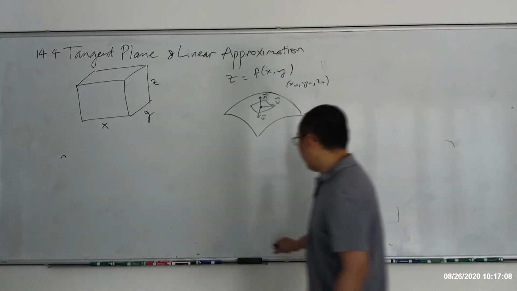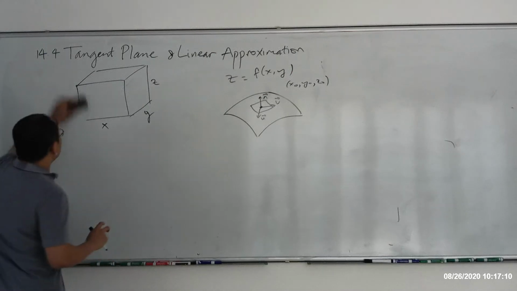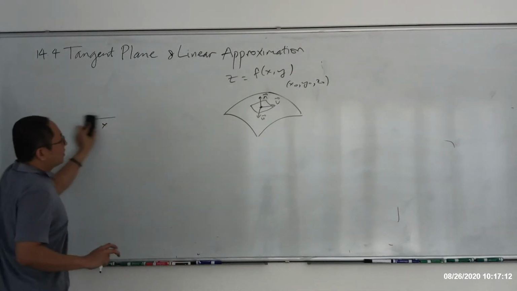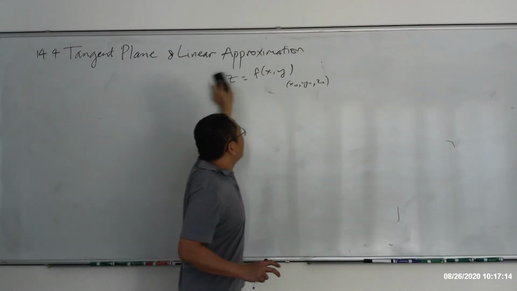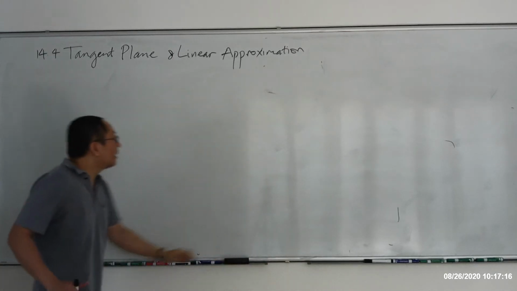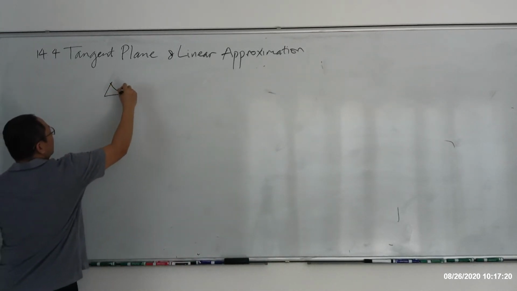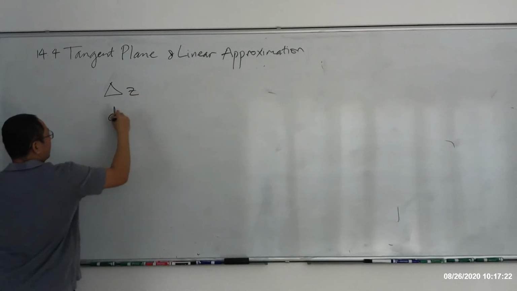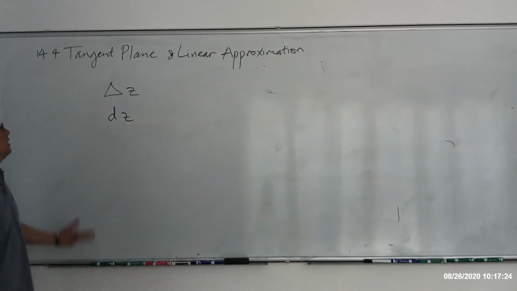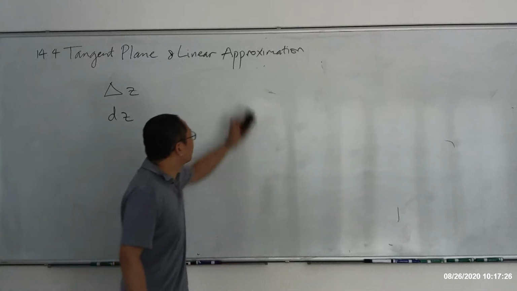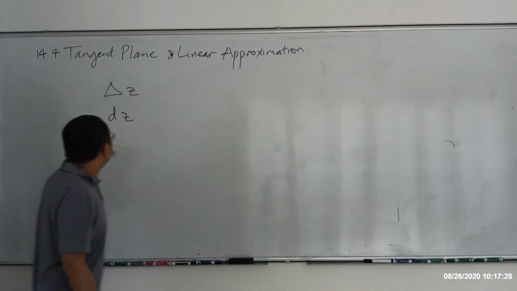There is one thing that I need to emphasize when you do your work. Make sure that we understand it right, so pay attention to this, okay? They ask you to calculate two things in your assignment, delta z and this dz. How do you understand the notation?